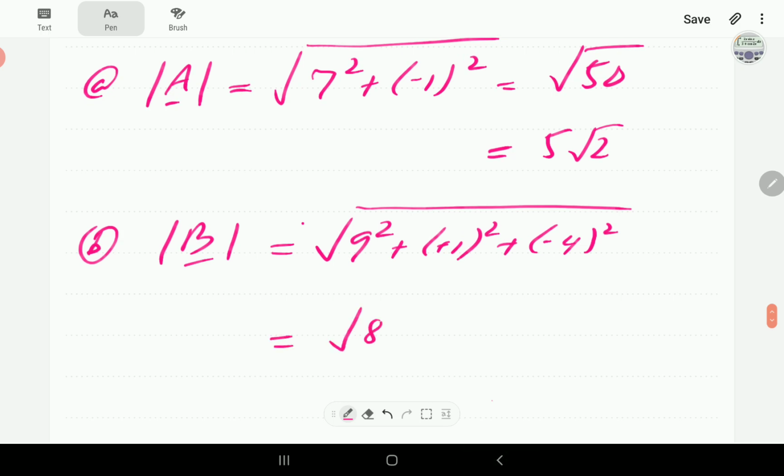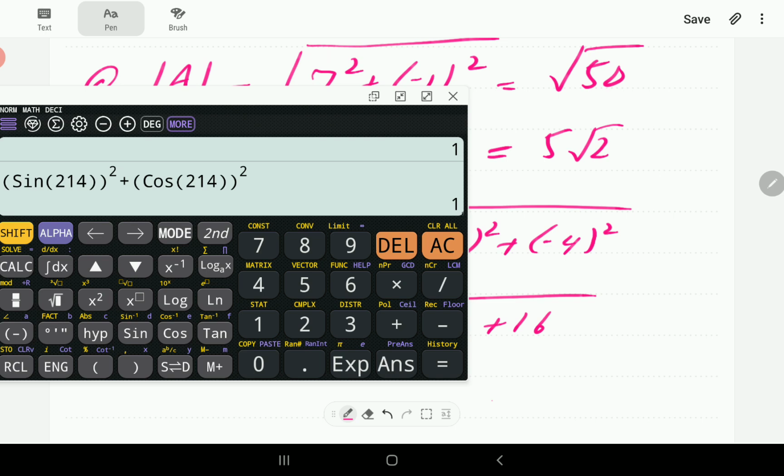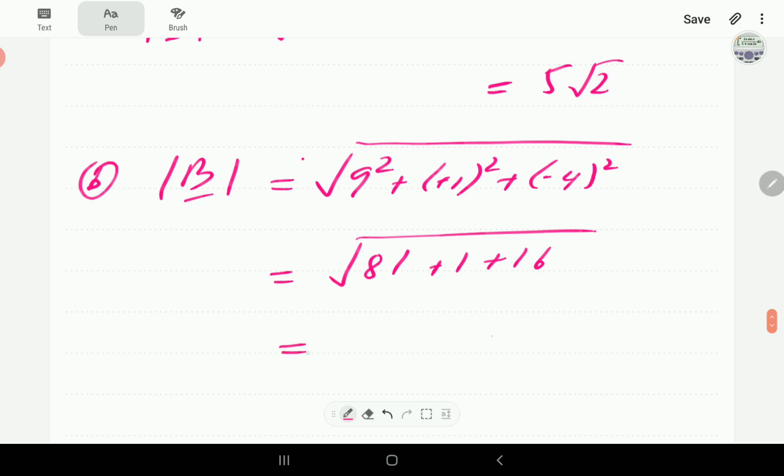So it's going to be the square root of 81 plus 1 plus 16, which is 98. 98 is 2 times 49 again. So it's going to be 7 square root 2.